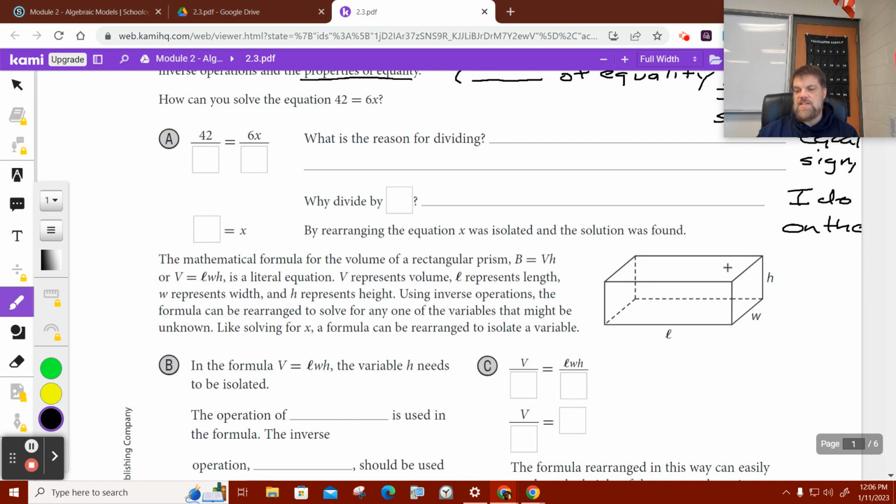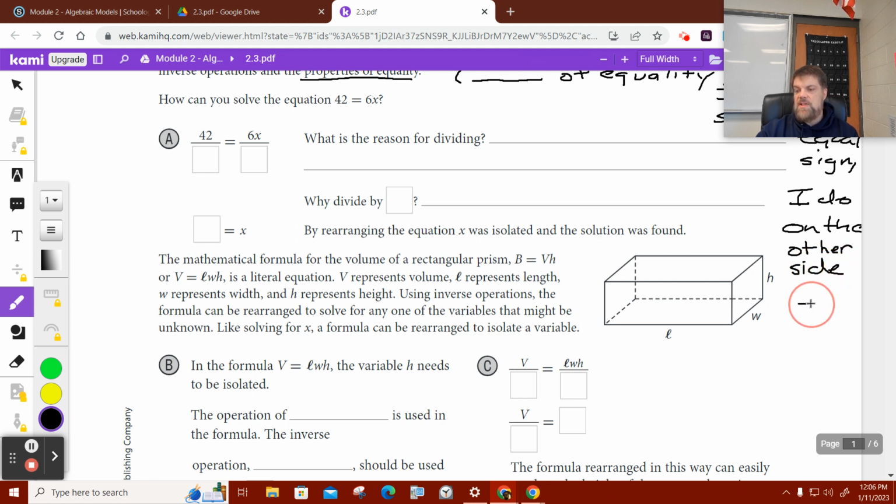I've probably said it to you guys in class before. Help me finish that sentence. Whatever I do on one side of the equal sign, I do on the other side. So to solve an equation, whether literal or otherwise, whatever we do on one side, we have to do to the other side. Now, that's a property of equality.